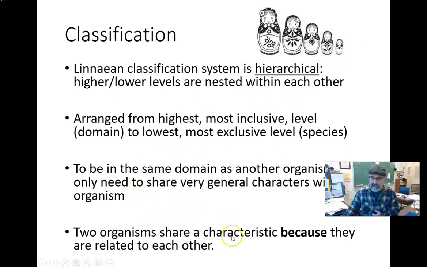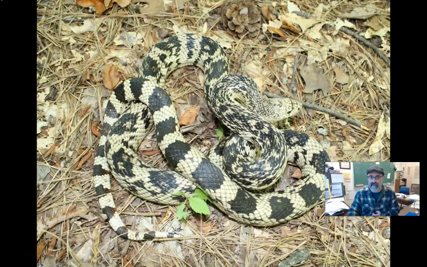And the assumption here is that these organisms share a characteristic because they are genetically related to each other, closely related to each other. So the assumption with the dire wolf was they have the same shaped skulls, they have the same skeletal similarities because they're closely related to each other. But we're now seeing that this is not always the case. And we're going to talk about that in the next lecture.